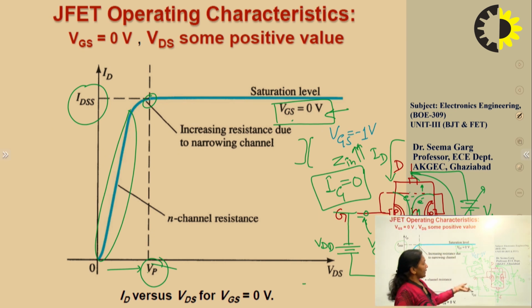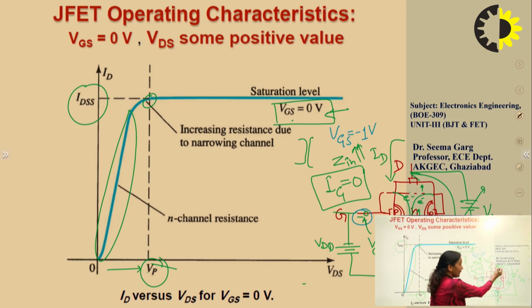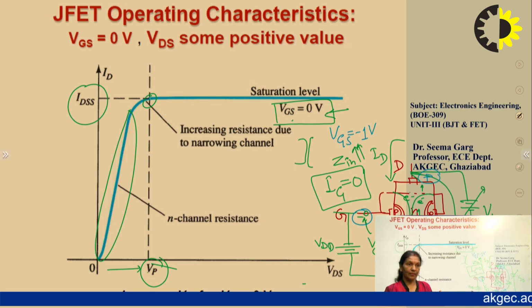Now, this is a reverse voltage, this is a reverse voltage, and this is also a reverse voltage. Because both the voltages are reverse, the depletion layer will increase at a faster rate, and that means the current will be reduced, because the number of charge carriers which are passing through the channel gets reduced.